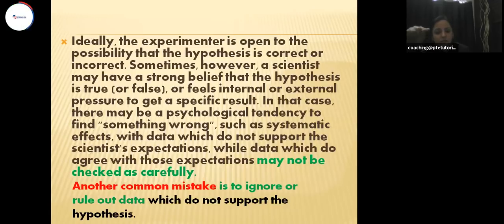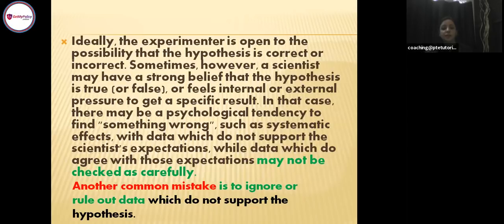Aren't these words actually the same words? Then how can I say that this is another common mistake? If I haven't checked something, it means I did some error. How was it possible that I made a mistake? Because I ignored or ruled out some data.